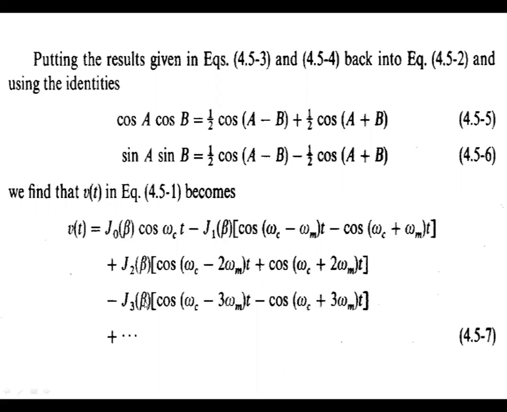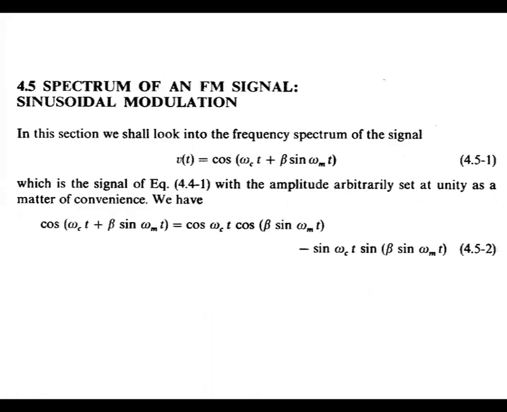Like J4 spectral component, J5 spectral component, and so on. So what are these spectral components? These spectral components are the even and odd harmonics. There are a number of even harmonics and a number of odd harmonics. All these spectral components are included in the spectrum of FM.